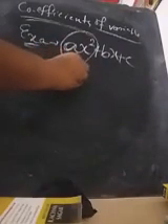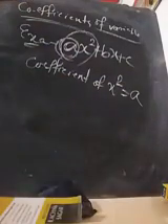Coefficients of variables, right? Here the coefficient of x square is what? The thing that is multiplied with x square, that is the coefficient.